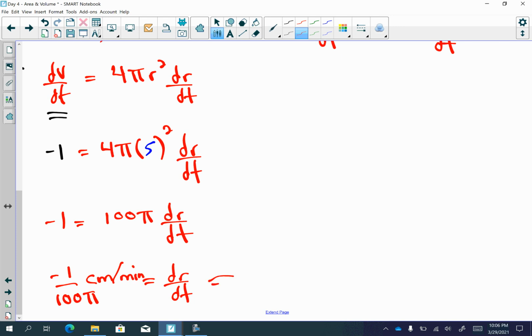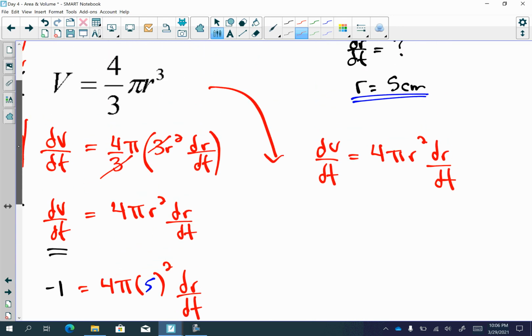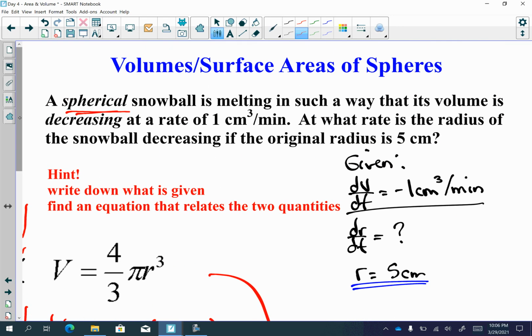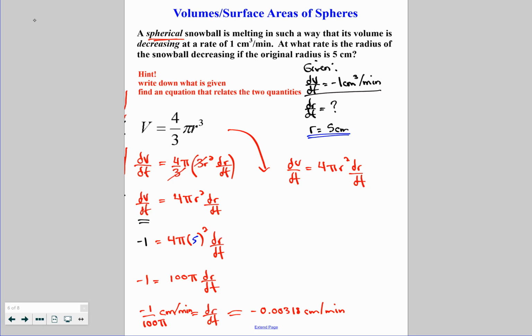As an approximate value, -1 divided by 100 pi is -0.00318 centimeters per minute. Just want to make sure I have those units of time correct. Okay, yeah. So there it is, full screen.